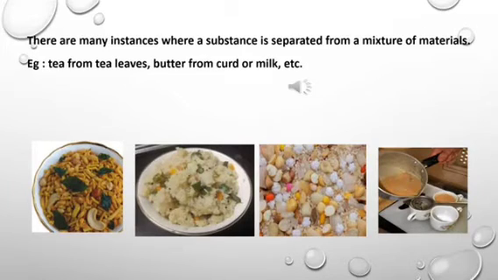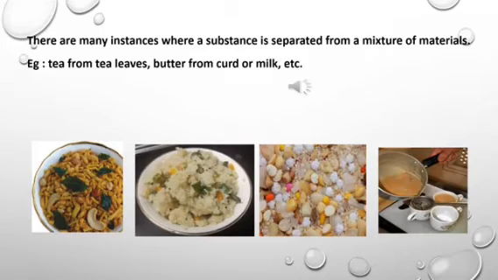In our homes, every morning we prepare tea. After preparing tea, it is filtered. So by filtering, what are we doing? We are separating out the tea from the tea leaves. Therefore, separation of substances takes place in our daily life.